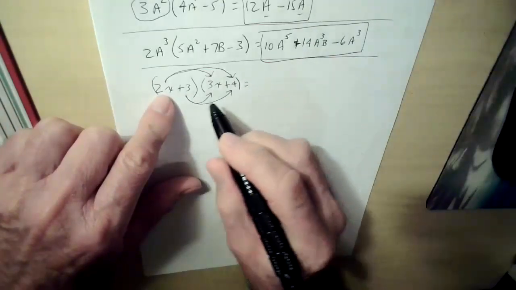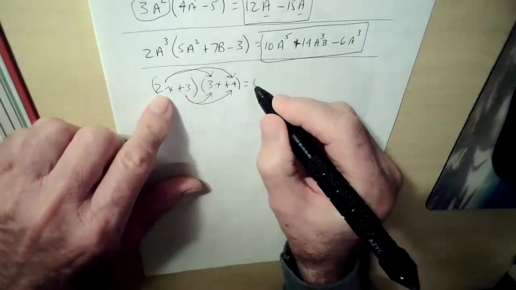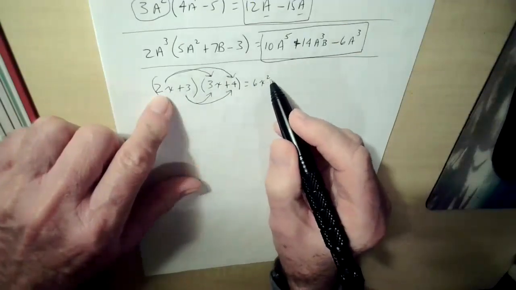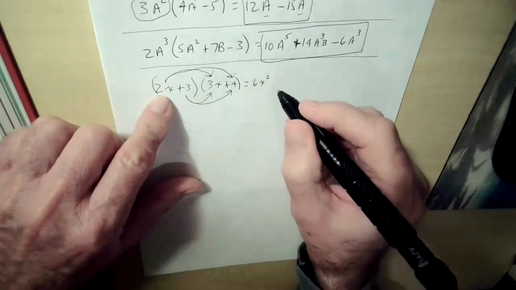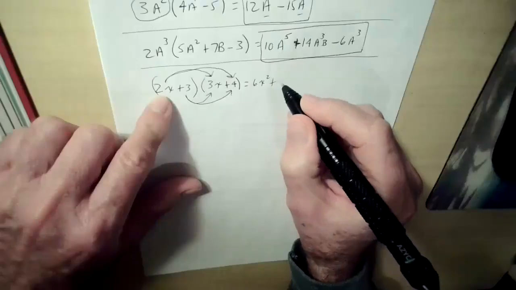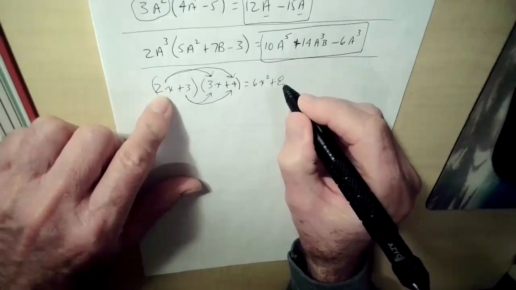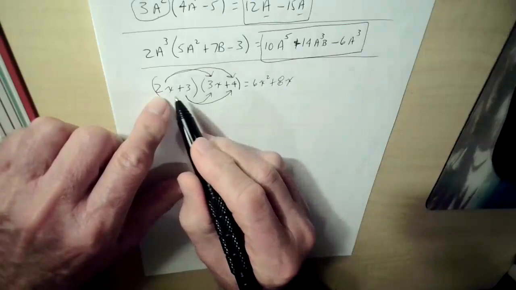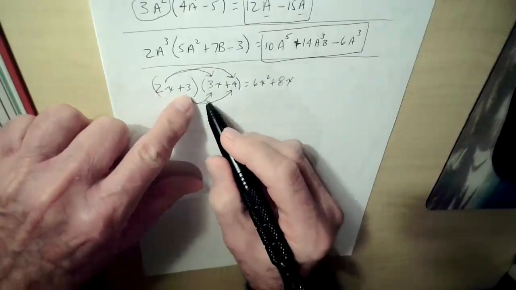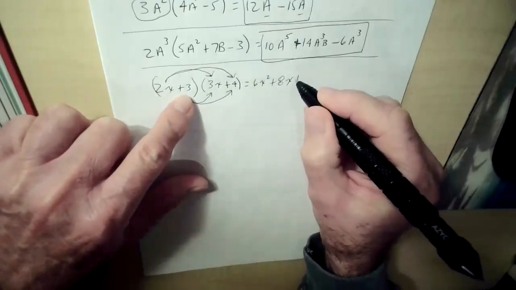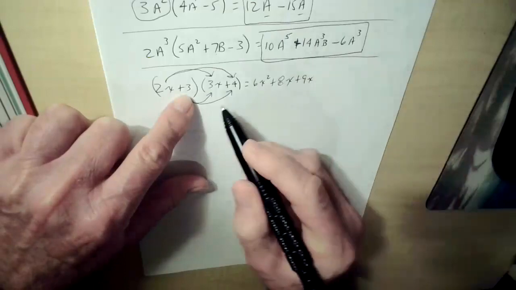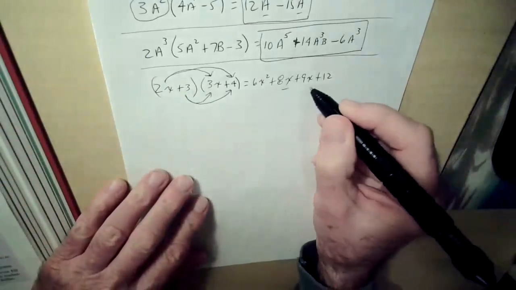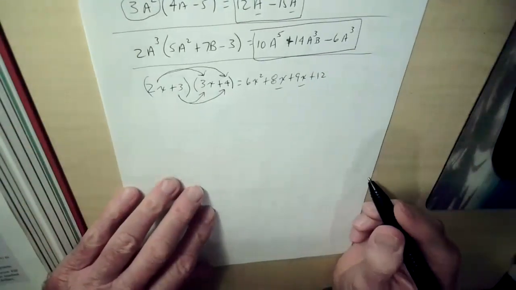2x times 3x, I'll put my finger here so I don't get confused. 2x times 3x is 6x squared, remember x times x, you add the exponents. Then 2x times 4 is 8x. Now we finished distributing the 2x. Now we do the same thing with the 3. 3 times 3x is 9x. 3 times 4 is 12.